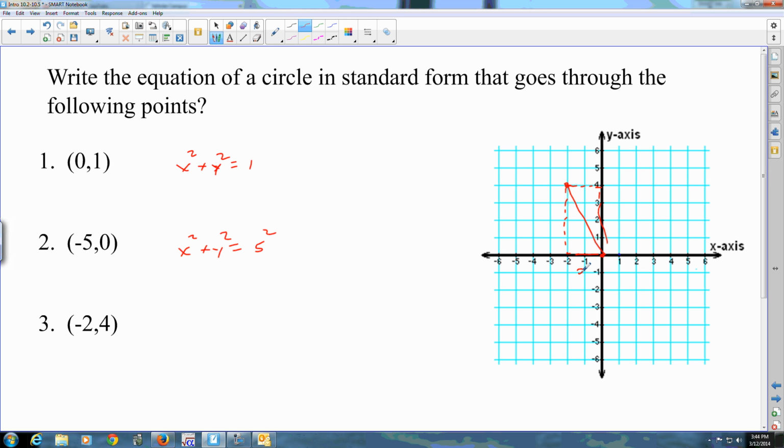Either way, this side is 2, that side is 4. You want the hypotenuse, and it's a right angle. So you just do the Pythagorean theorem with these two numbers. So negative 2 squared plus 4 squared, 4 plus 16, is your radius squared.